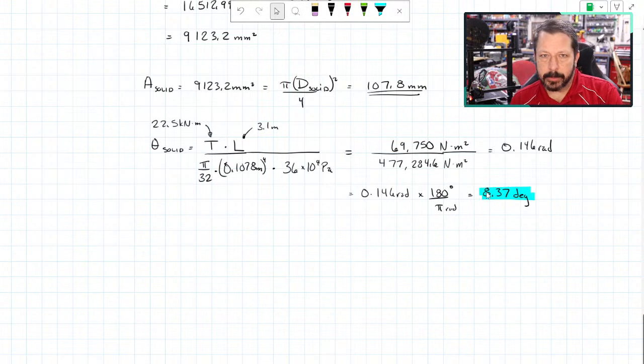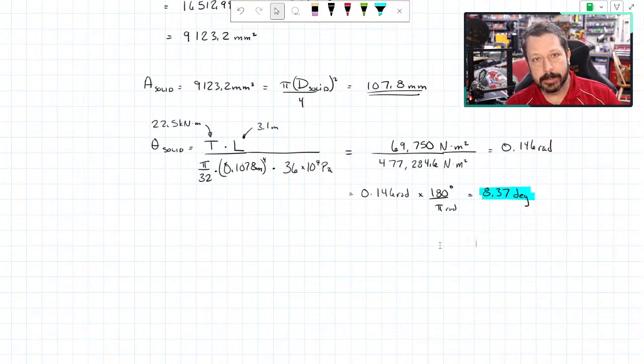Now there are other reasons why you might have solid versus hollow. Maybe there's space reasons, like geometry, it doesn't fit when it's hollow. There could be some frequency, like, so these shafts, we're not going to look at this in this class, but whenever you start spinning a shaft, there are certain speeds that it wants to spin at, certain RPM that could resonate with it and cause it to tear itself apart.